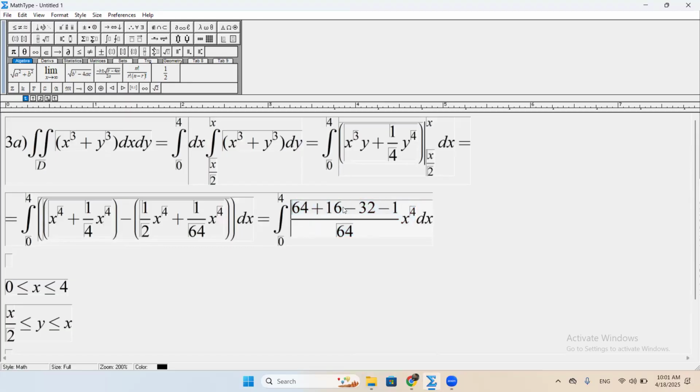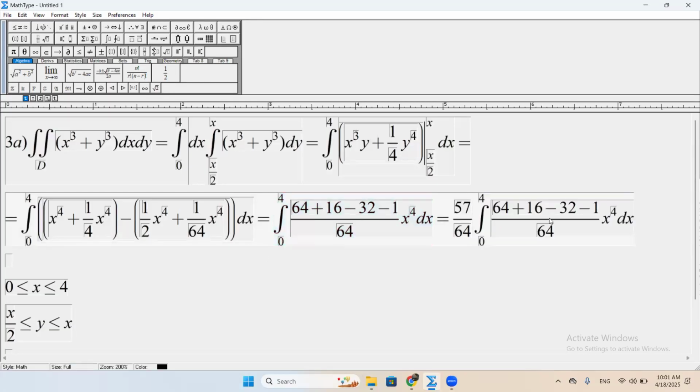So 80 minus 33 equals 57 over 64. And now calculating this definite integral that remains. 1 over 5 x to the power of 5 with substitutions from 0 to 4.